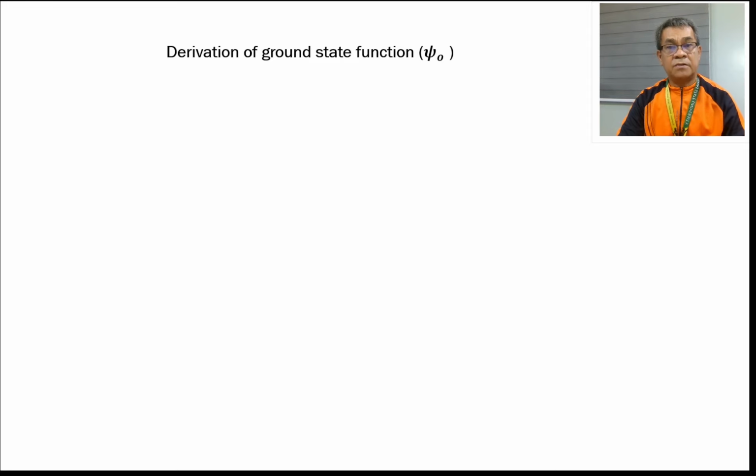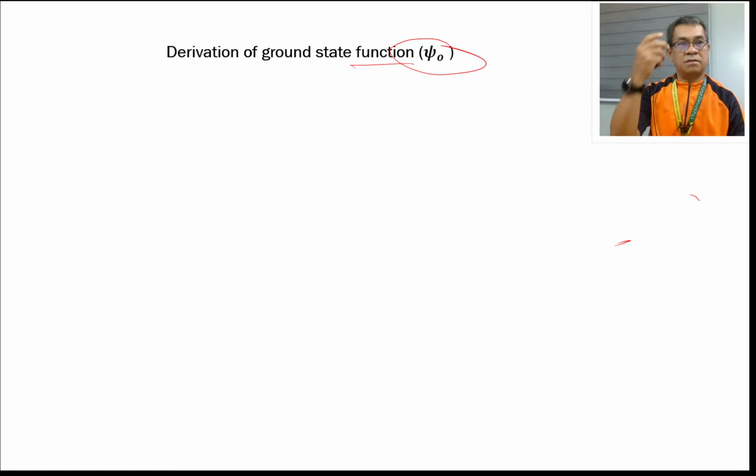With the idea of the ladder operator, how will we derive the ground state wave function? That's the first, no? Just like what we did in the particle in a box: what is the ground state wave function and the ground state energy? We are very much interested in the ground state. Take note that the ground state will actually dictate the system.